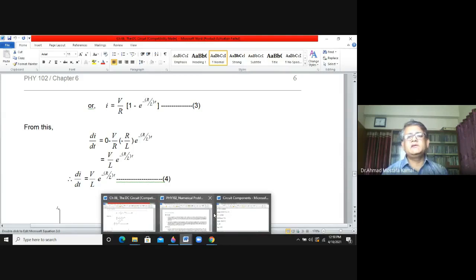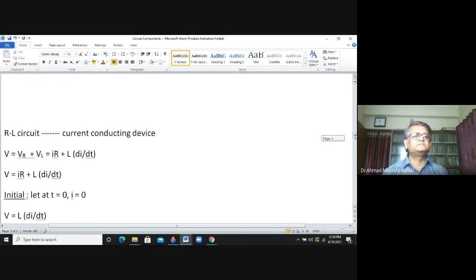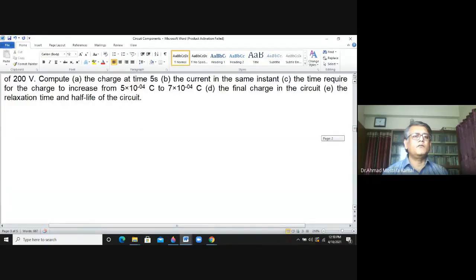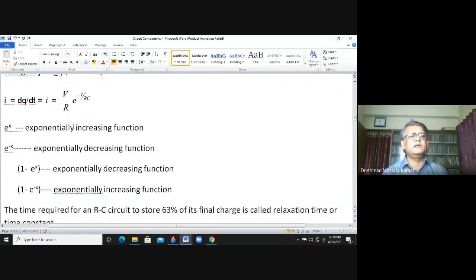Again, this equation is also an exponentially increasing curve. As you know, in the previous lecture we talked about this: e to the power x is an exponentially increasing function, and e to the power minus x is an exponentially decreasing function.